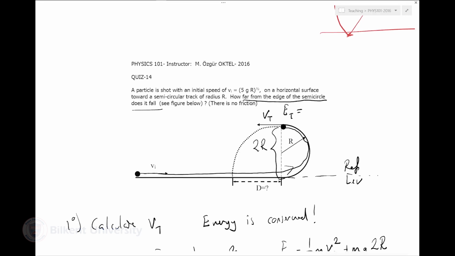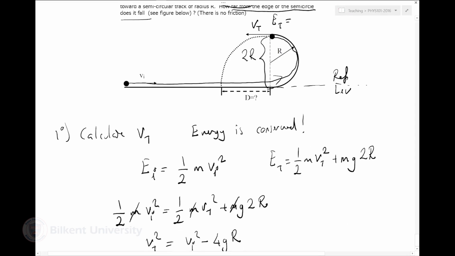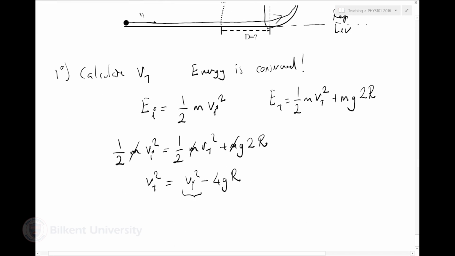And I've been given that vi square is 5 times gr. So I can say this is 5 times gr, so this is going to be just gr. Vt will be square root of g times r.